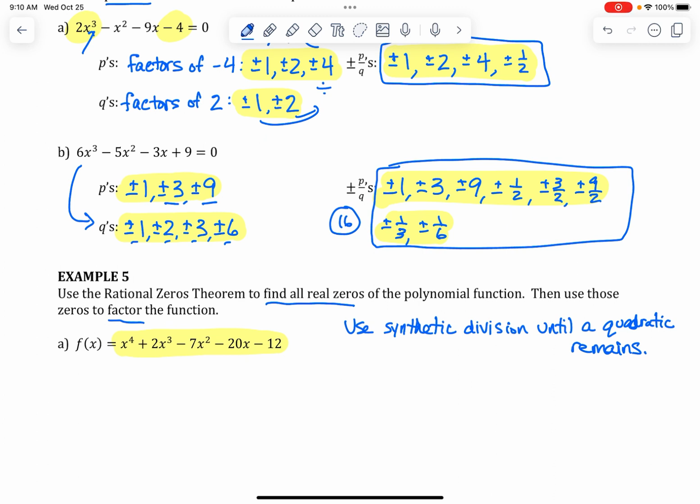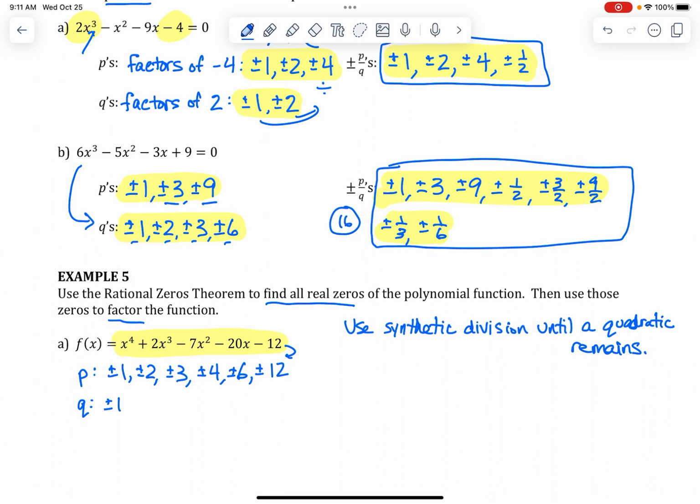All right, so let's take a look at this. According to the process of the rational zeros theorem, what you want to do is list all the possible roots of the constant. So we have plus or minus 1, 2, 3, 4, 6, and 12, right? Those are all the factors of negative 12. We kept it simple for q.